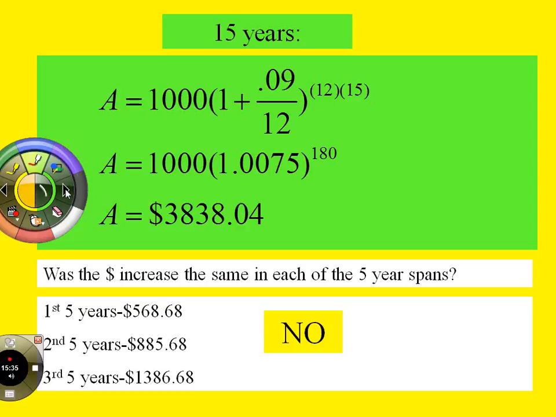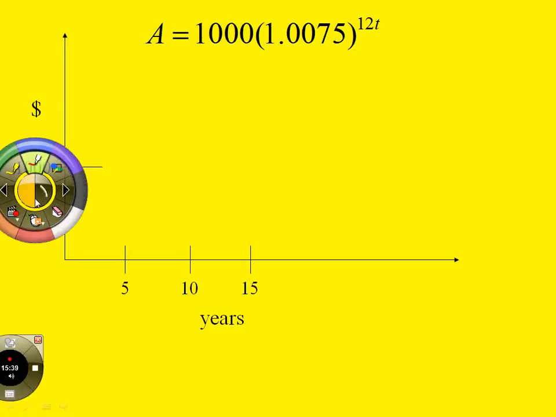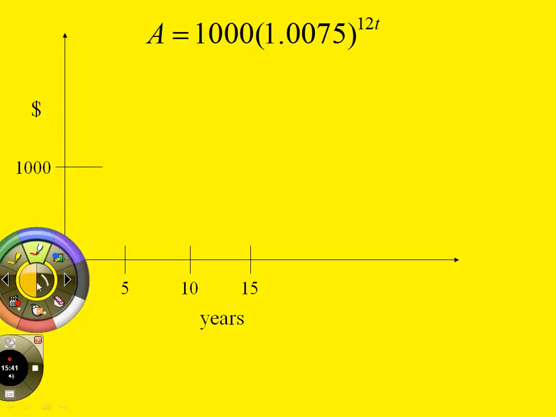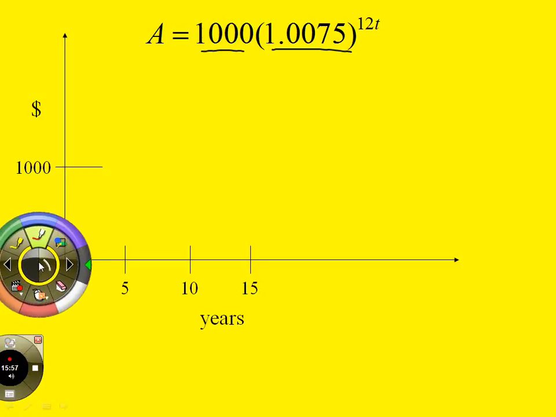And the reason for that is because this function is a good example of an exponential function. Because we have the 1,000 right here, and then this is our base, it's like our a, and then we have our exponent. So this is a good exponential function.